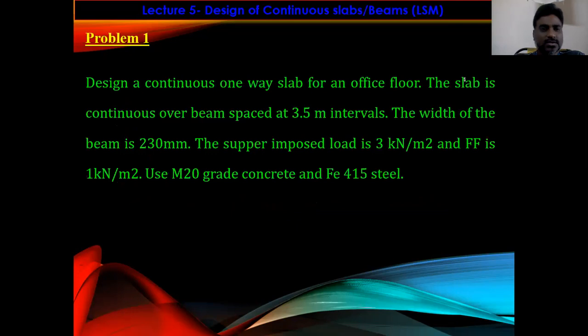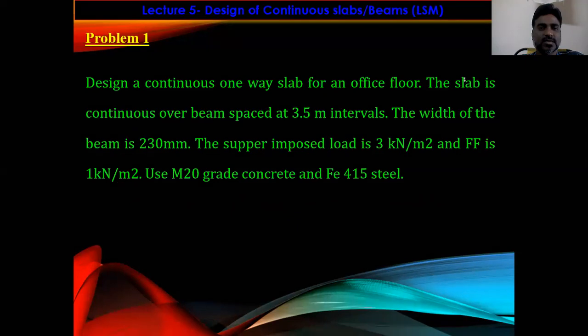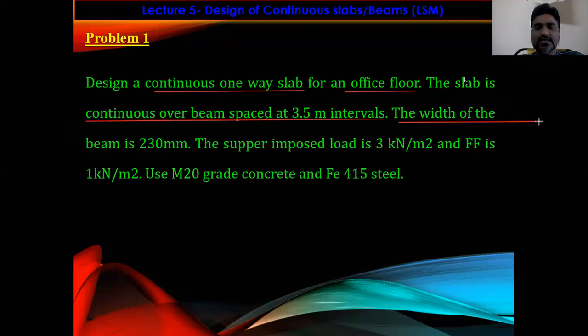So for that, I have taken a problem: design a continuous one-way slab for an office floor. The slab is continuous over beams spaced at 3.5 meter intervals, and the width of the beam is 230 mm.